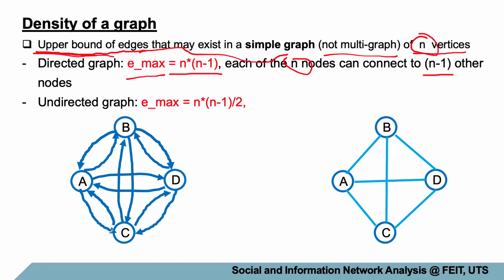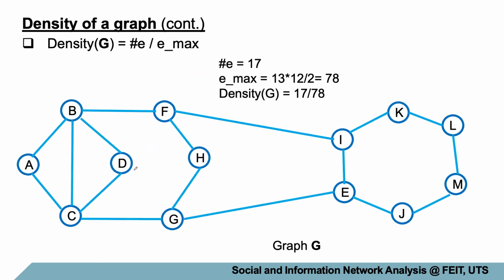For example, here, this directed graph has 4 nodes. Then the upper bound of edges is that each node connects to all other nodes.